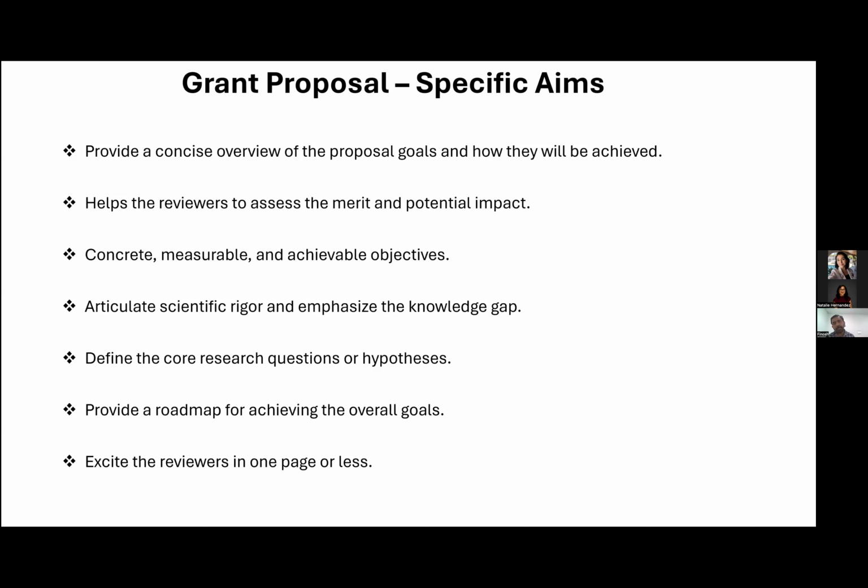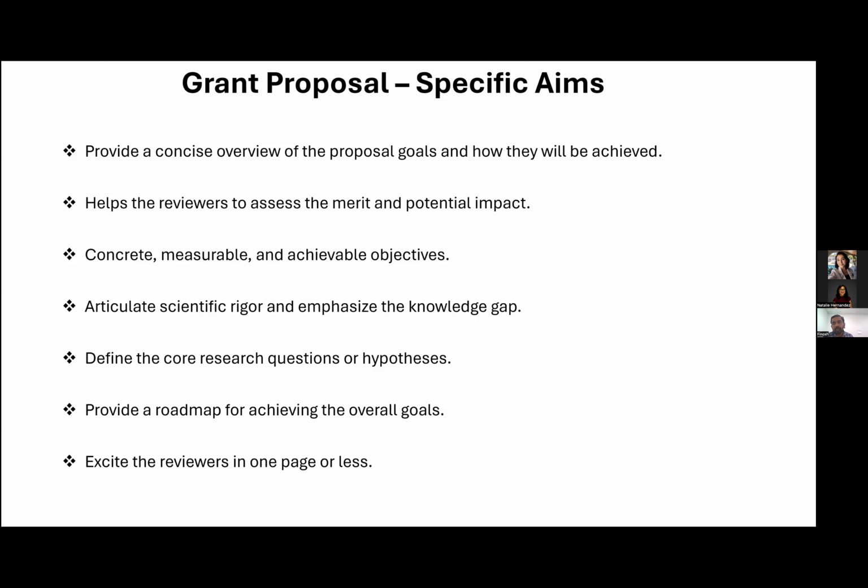You can have multiple hypotheses. It is always good to have a central hypothesis and sub-hypotheses. And then provide a detailed roadmap of how you are going to achieve all these research questions, how you are going to test your research hypothesis.